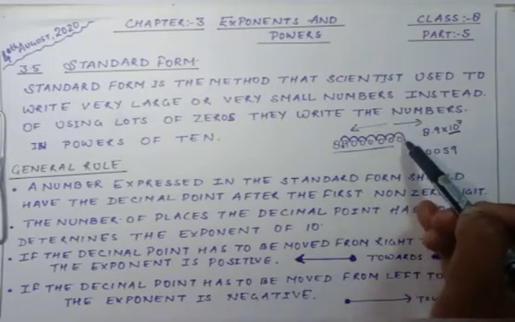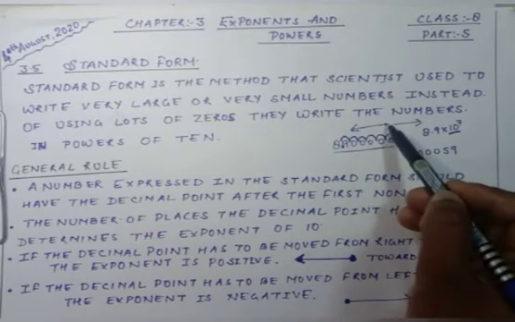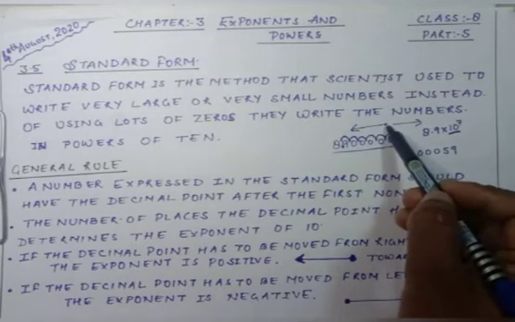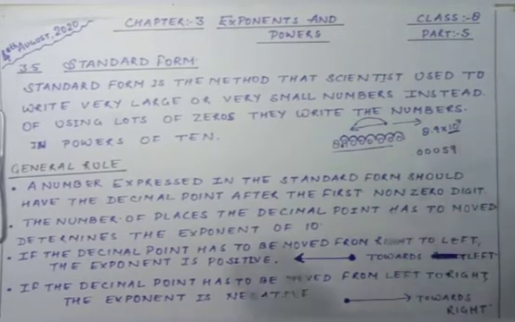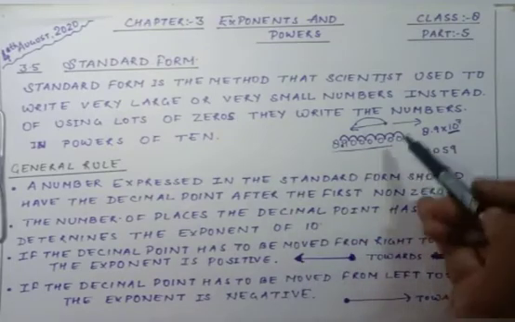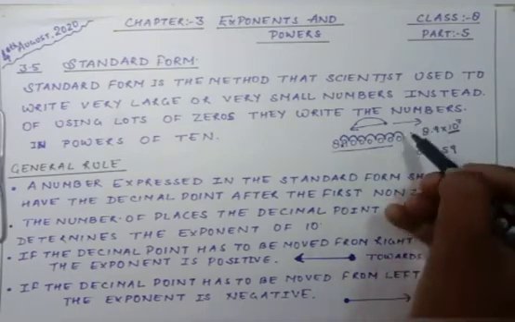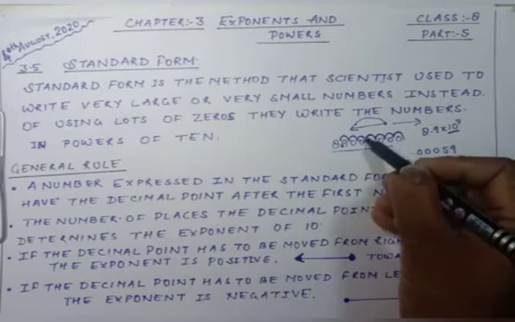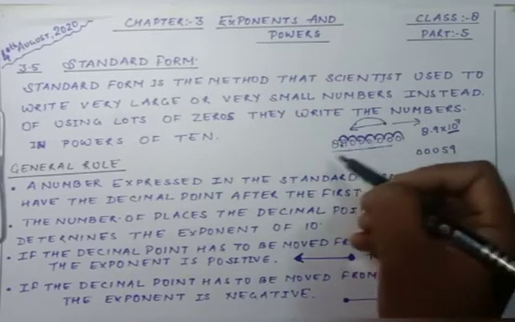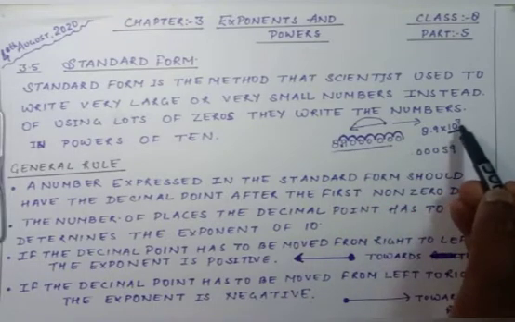If I am shifting a decimal from right to left, the power will be positive. And if I am shifting a decimal from left to right, the power will be negative. So if I am shifting the decimal 1, 2, 3, 4, 5, 6, 7, how many places have I shifted? 7 places. So it will be 8.9 into 10 to the power 7.